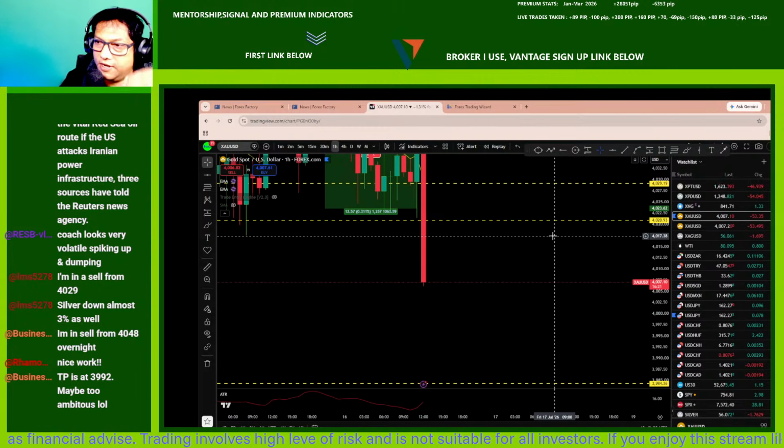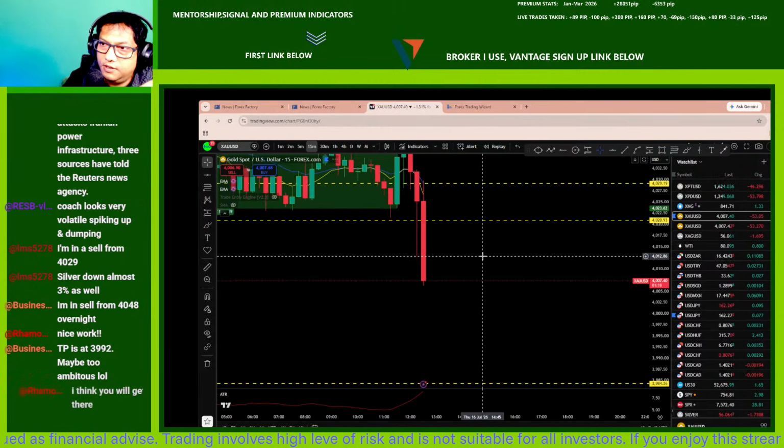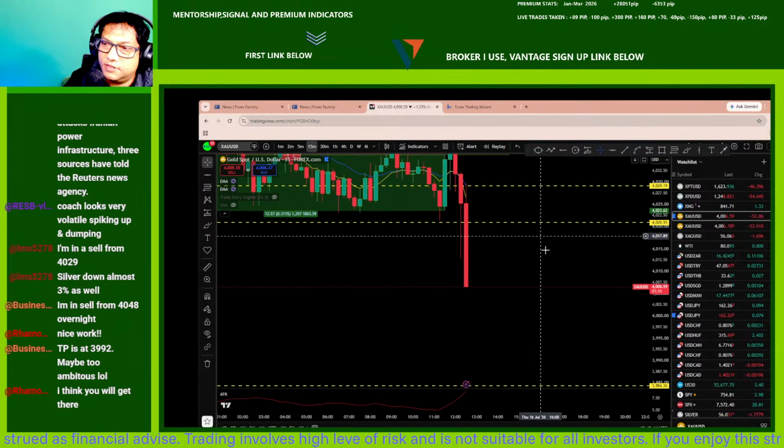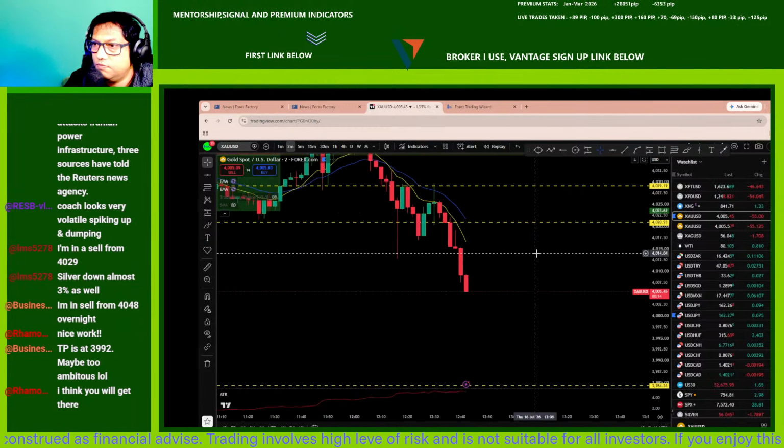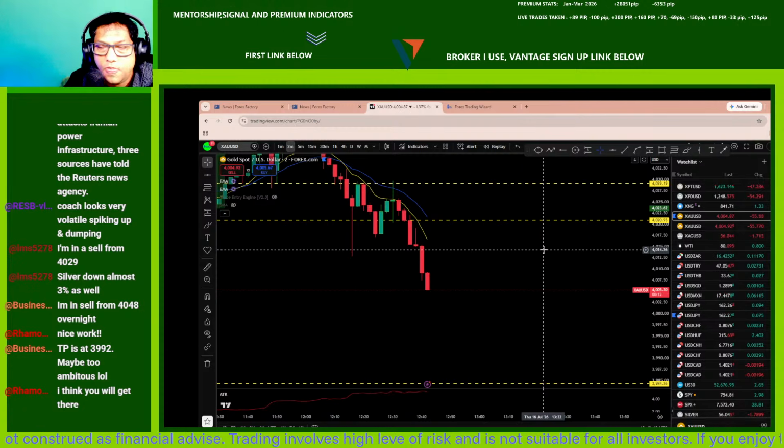And so as you can see, the market is creating this structure from here, that it's now started to break below to this support area here.